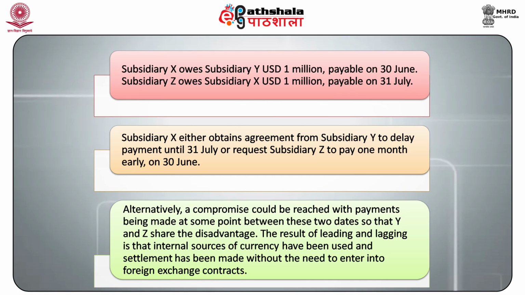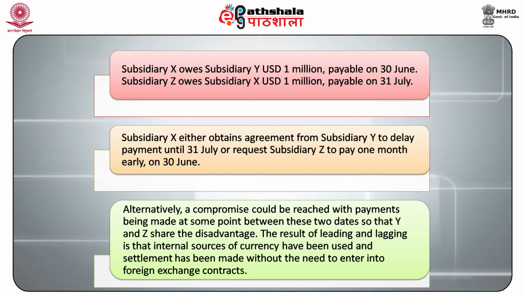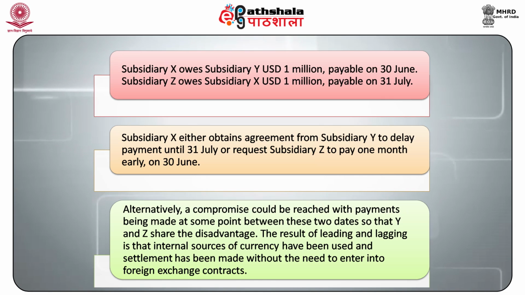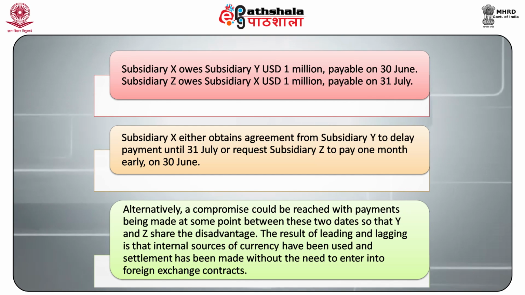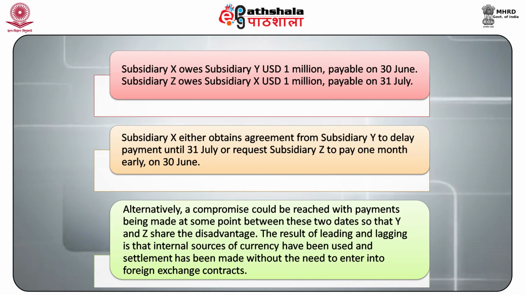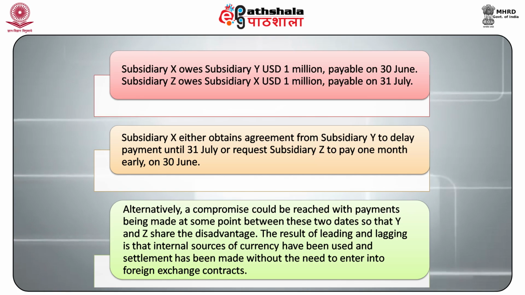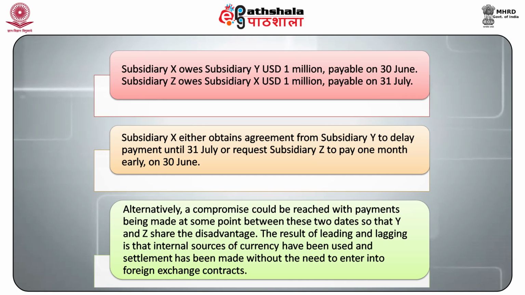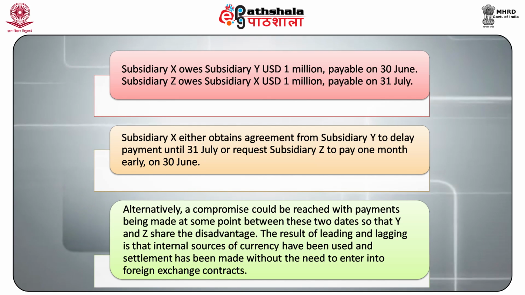Example: subsidiary X owes subsidiary Y $1 million, payable on 30th June. Subsidiary Z owes subsidiary X $1 million, payable on 31st July. Subsidiary X either obtains agreement from subsidiary Y to delay payment until 31st July, or requests subsidiary Z to pay 1 month early on 30th June.